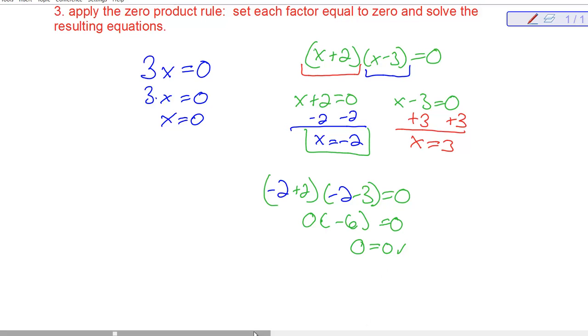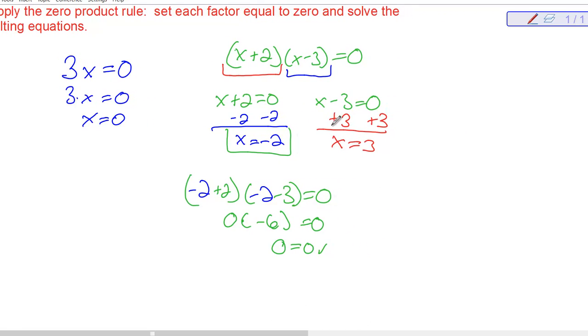Same thing applies for x equal to 3. If I say 3 plus 2 and 3 minus 3, does that equal 0?